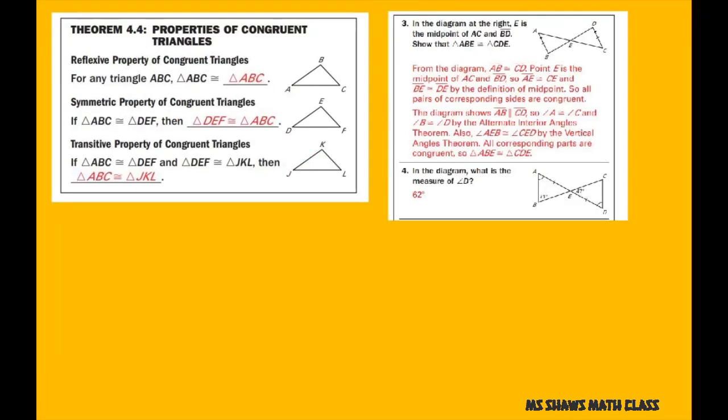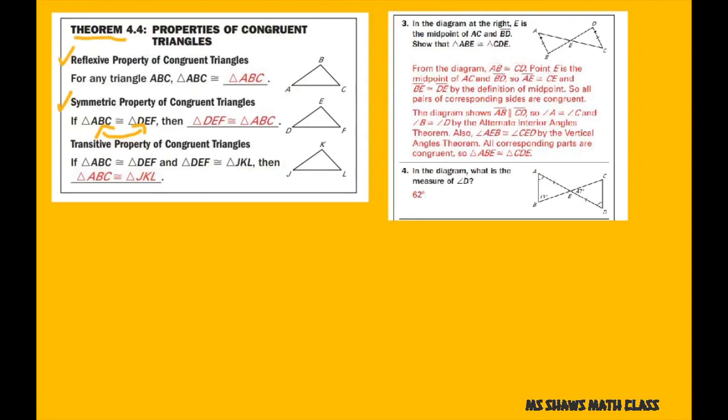And here's another theorem that we're going to be using. We have the reflexive property of congruent triangles, the symmetric property of congruence, that's where you just switch these around, and the transitive property.